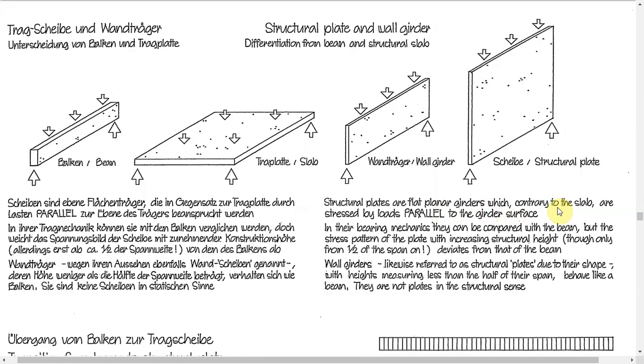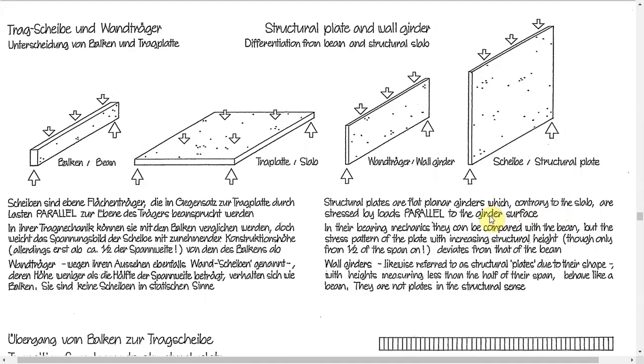In their bearing mechanisms, they can be compared with the beam, but the stress pattern of the plate with increasing structural height only from half of the span on deviates from that of the beam, right? Then wall girders, likewise referred to as structural plates due to their shape, with heights measuring less than half of their span, behave like a beam. They are not plates in the structural sense.